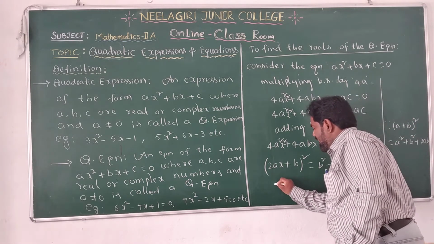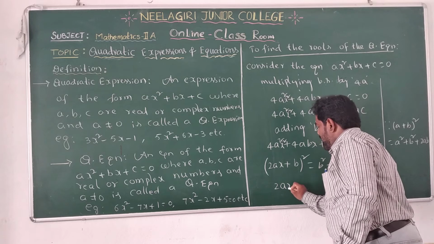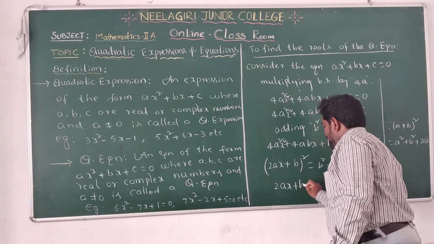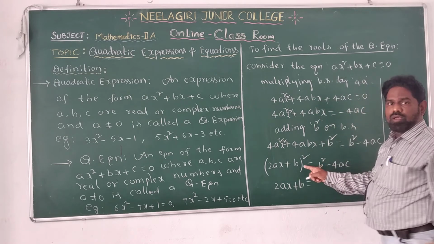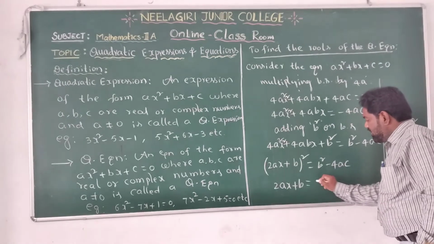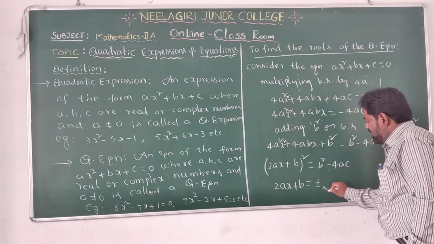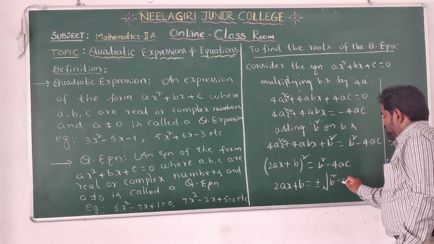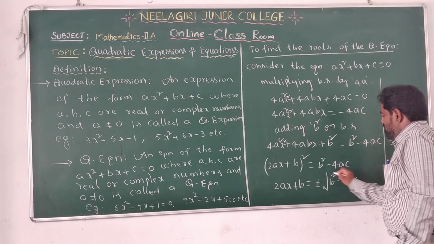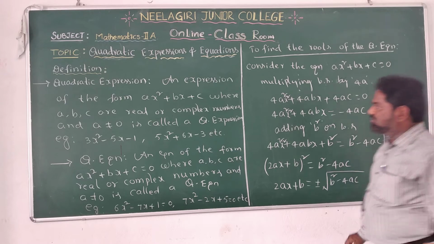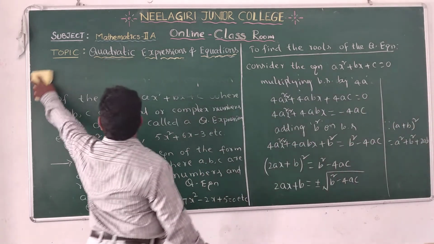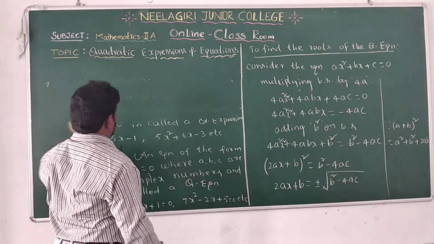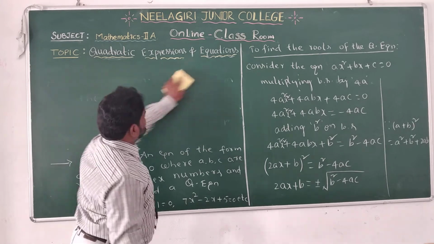This can be written as 2ax plus b equal to, removing the square, plus or minus root on the right side, root of b square minus 4ac.